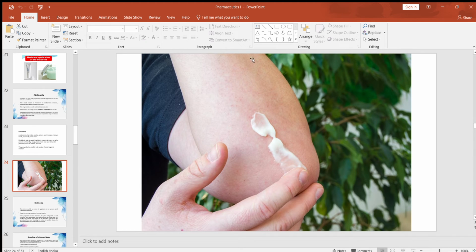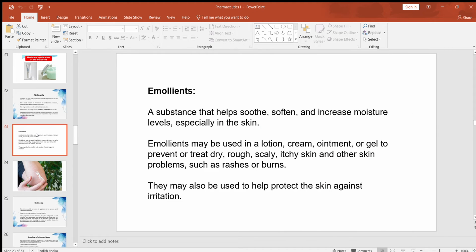When these formulations are applied, they protect the skin, and while protecting, they trap the moisture being released from the skin. So moisture will not evaporate from the skin and will be retained on its surface, so from dry it will become soft skin with an increased moisture level.